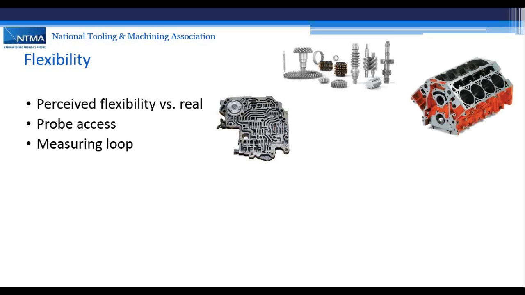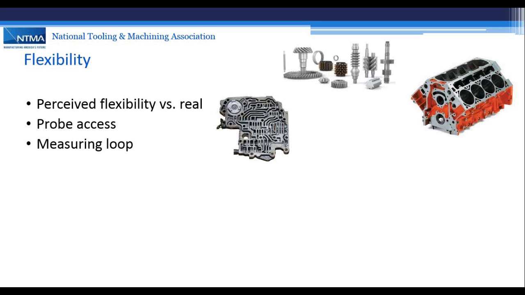Another area that is to be considered with flexibility is how flexible is the system based on the measuring loop. The measuring loop that we're referring to here is, when you're looking at submicron tolerances, you want to have the shortest measuring loop possible, less measuring components within the assembly of the gauge itself, the measurement system.